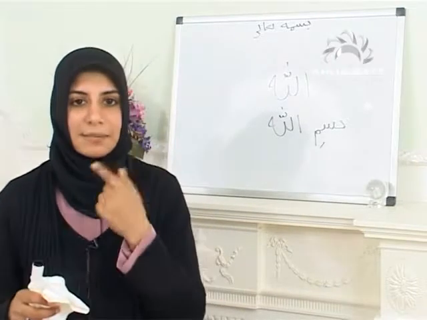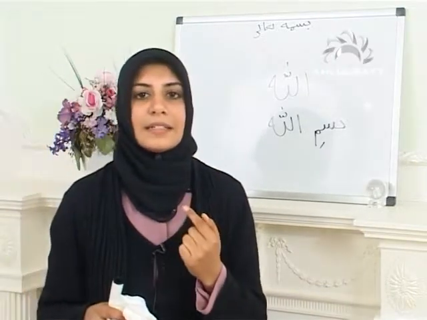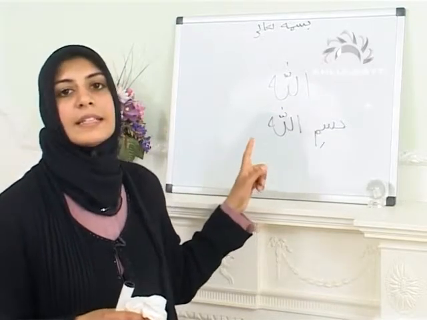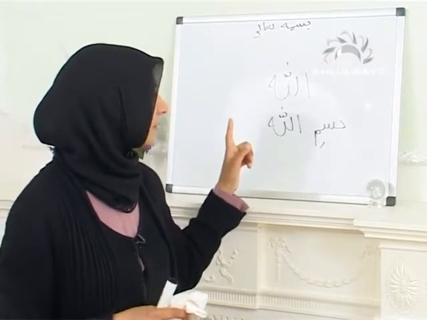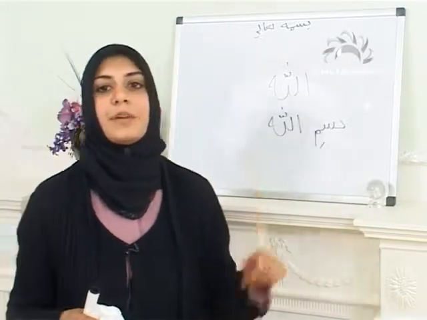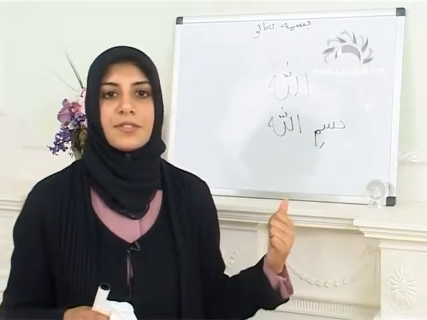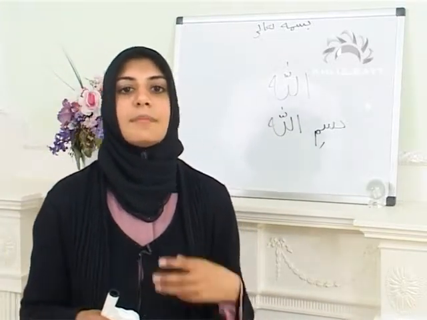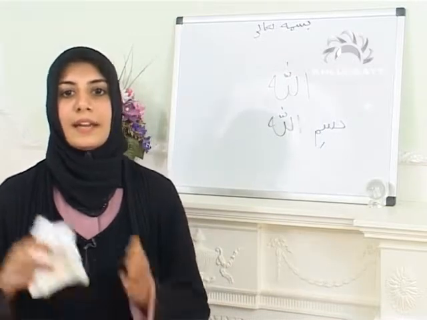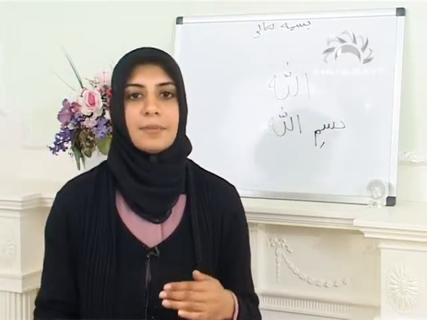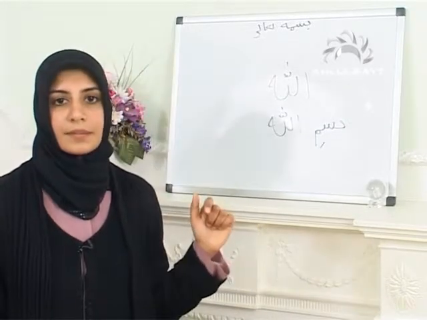Again, my mouth is empty, the sound is light, because the nature of the lam is determined by the vowel that precedes it. The kasra makes it light. Light lam is called lam tarqiq. So we have the heavy lam, which is lam tafkhim, and we have the light lam, which is lam tarqiq.